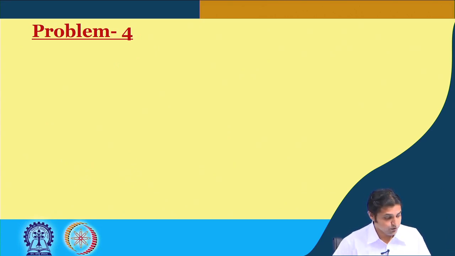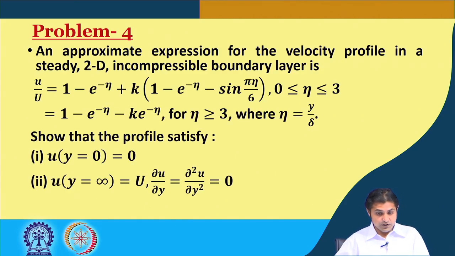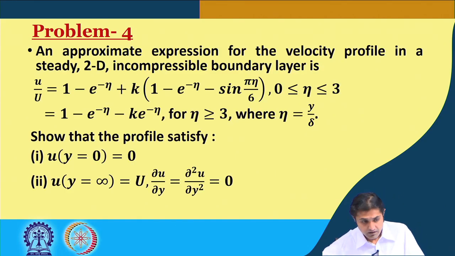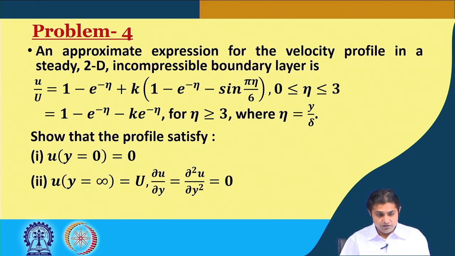With this, we are going to start solving one problem. The question says, an approximate expression for the velocity profile in a steady 2D incompressible boundary layer is given by the following function. Now we have to see that the boundary conditions are actually satisfied or not.